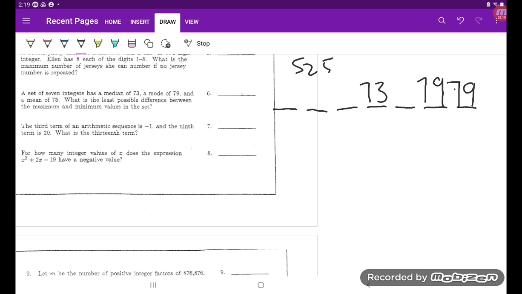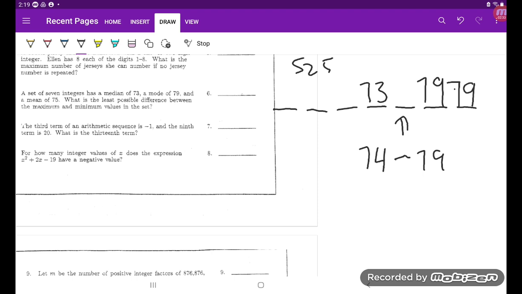First of all, this number should be between 73 and 79, and it shouldn't be 73, because if it's 73, then 79 won't be the mode. So this number should be between 74 and 79.